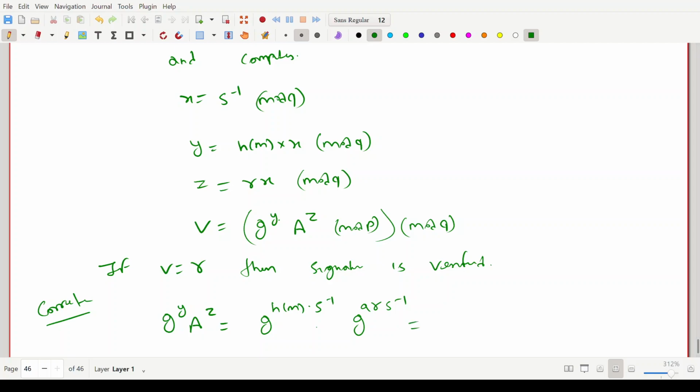So the whole thing can be written properly. Taking s inverse common, g raised to s inverse times (hm plus ar).